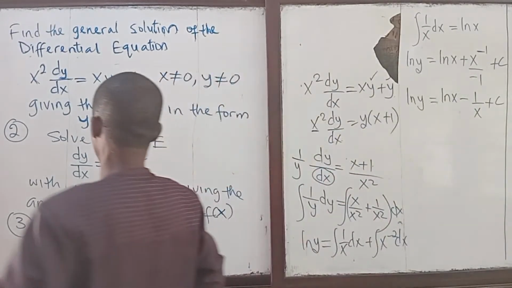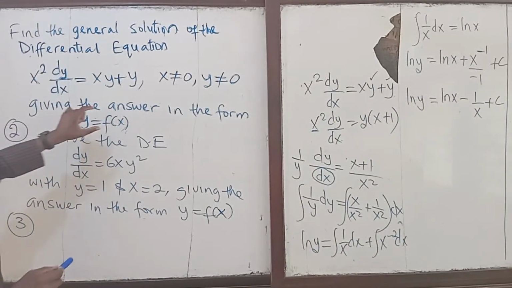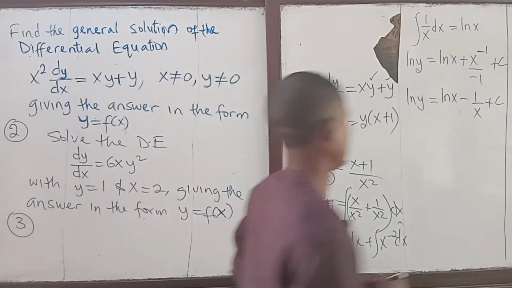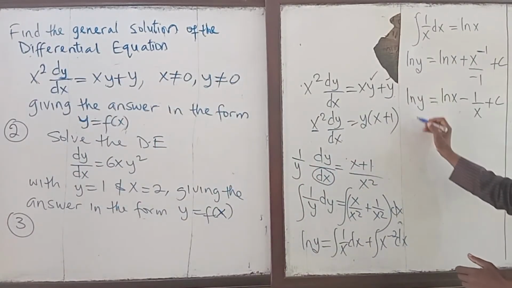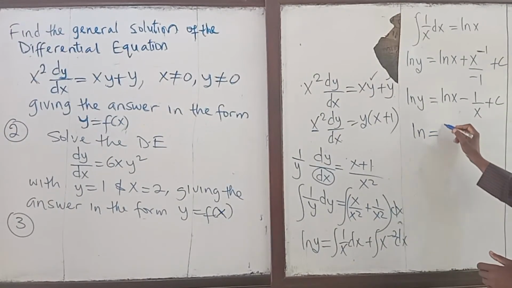And we are told to give our answer in the form y equal to f of x. So in that case now, the natural logarithm is equal to the logarithm to base e of the function. Okay?